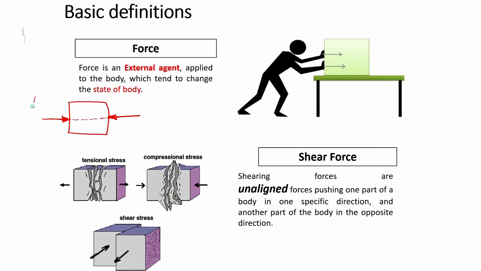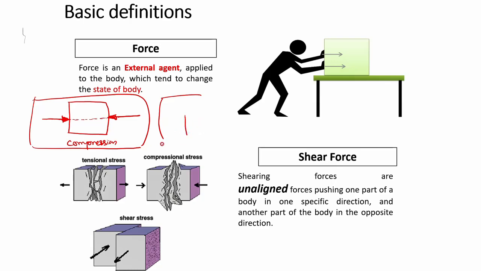Therefore whatever the effect is there, this is called the compression effect. This is a compression, because both are normal to the surface, that is perpendicular to the surface, and both are having one line of action. This is a compression.